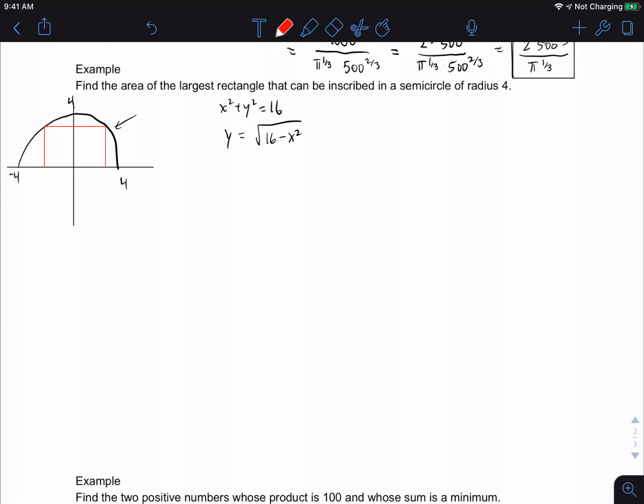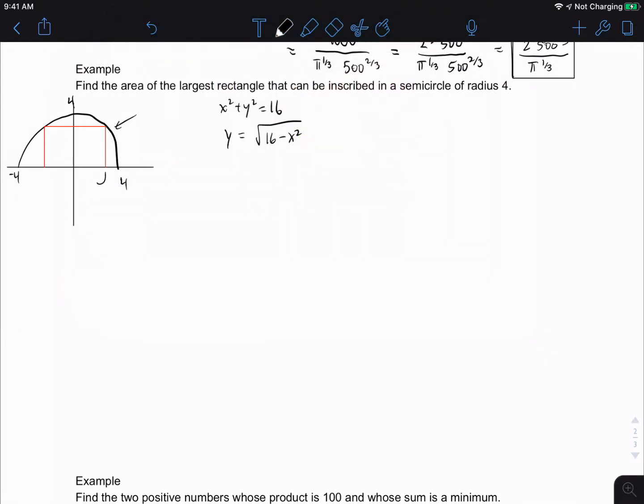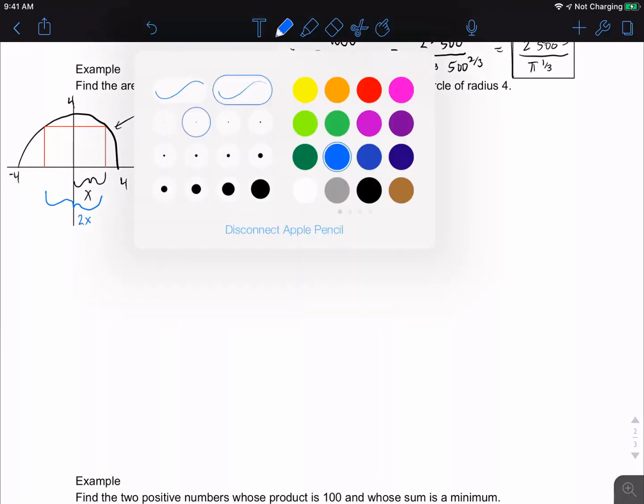Semicircle. Now, because of this, how far is it from here to here? Isn't that some x distance that we don't know? Right? And so I also know then that from here to here has to be some 2x distance, right?